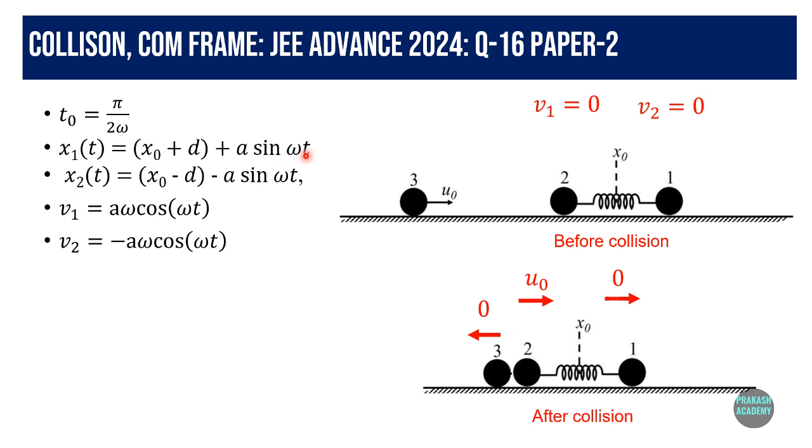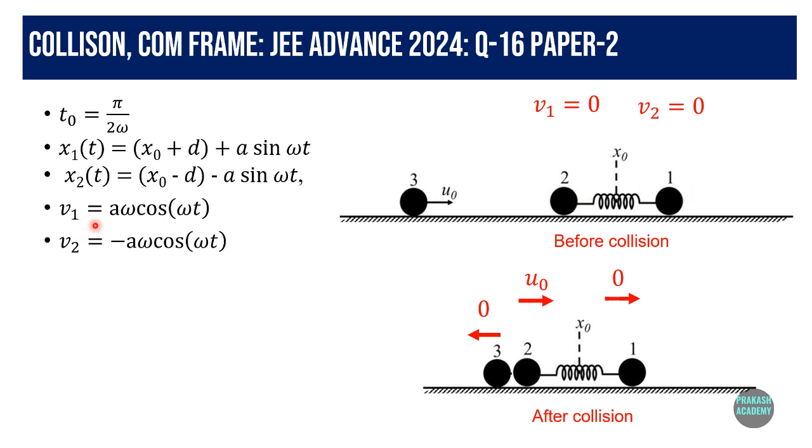Sin pi by 2 is 1. So the position will be x naught plus d plus a. So this is at extreme position. And what is the position x2? This is again 1. So this is x naught minus d minus a. So this is at one extreme and this is at another extreme.